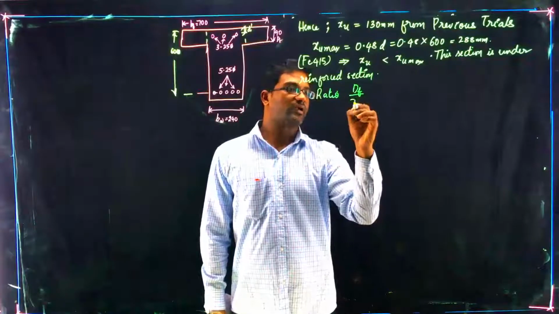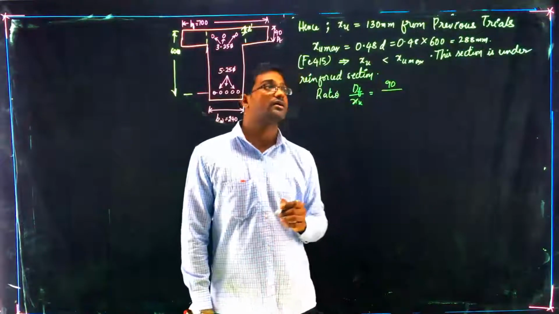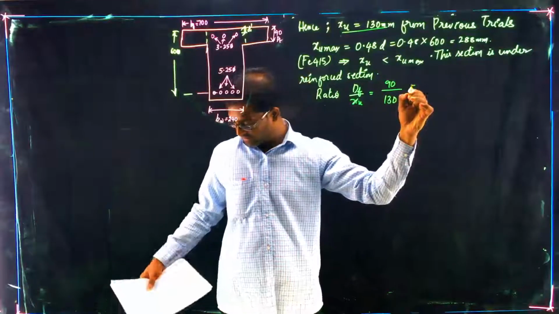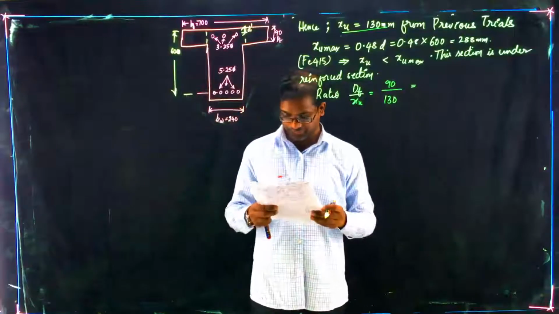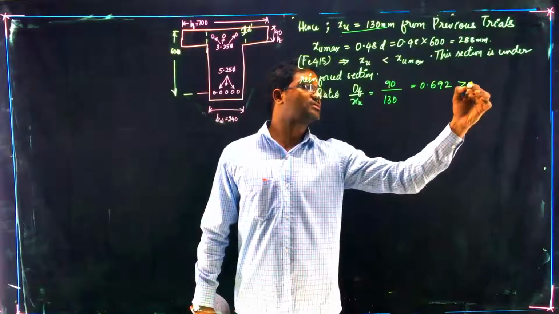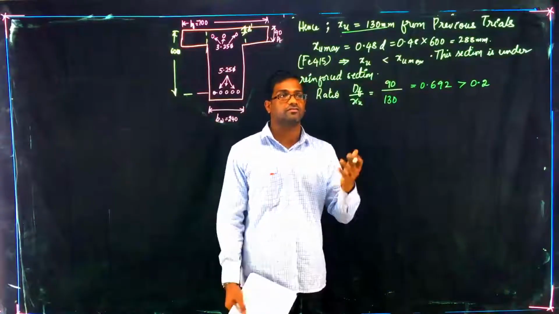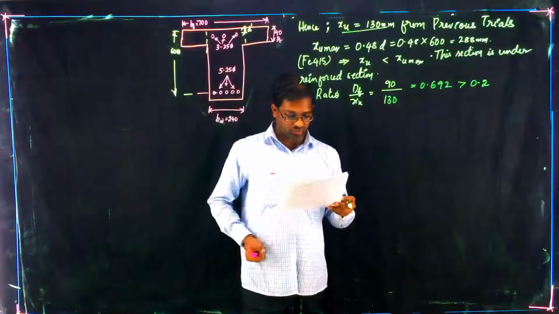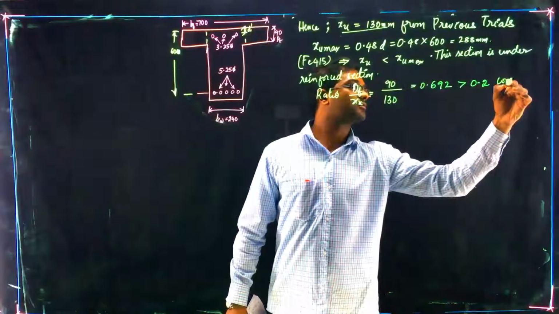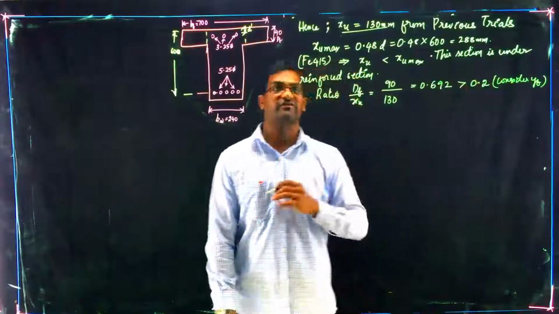DF is given as 90, XU we have taken as 130, which gives you a value of 0.692, that is greater than 0.2. When the value is greater than 0.2, then we have to consider YF rather than DF.